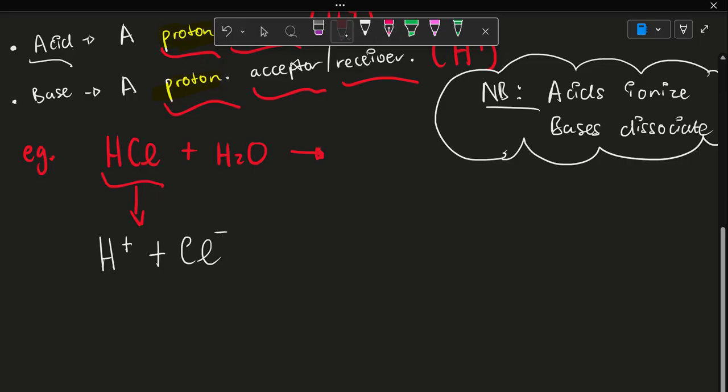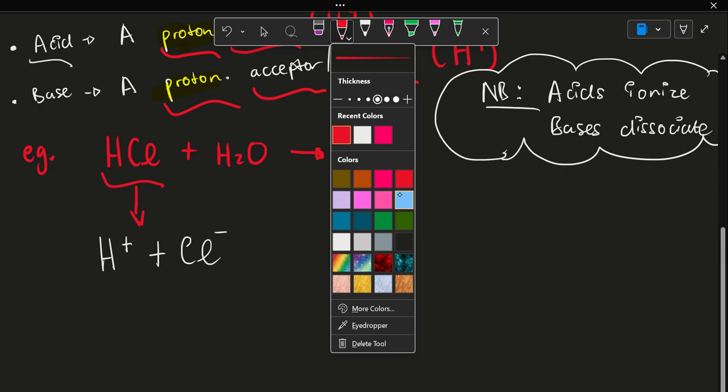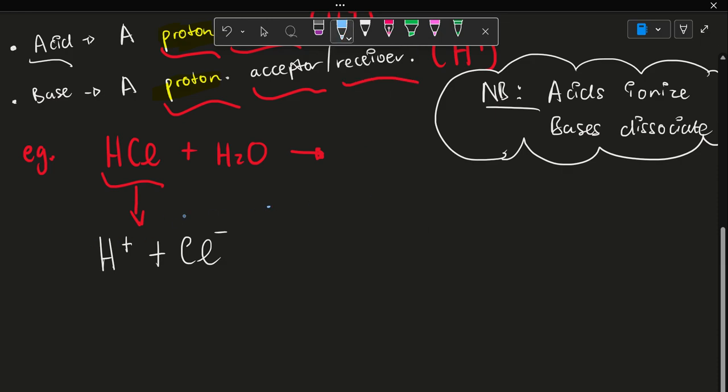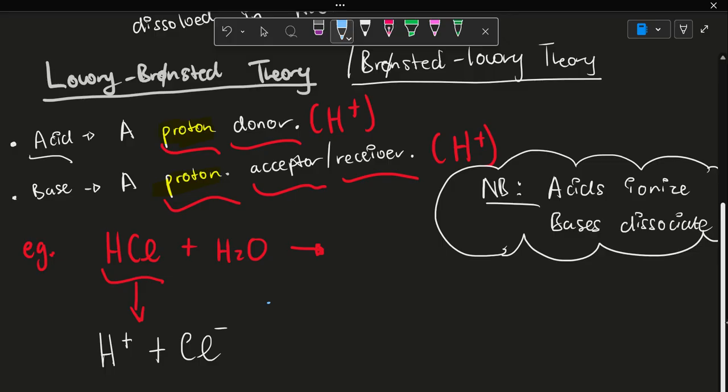So these H plus ions, well then, remember it is an acid, according to the Lowry-Bronsted theory. An acid is a proton donor. It's a proton, an H plus donor. When something donates something, it gives away something, right? So HCl being a proton donor is going to give away its H plus.